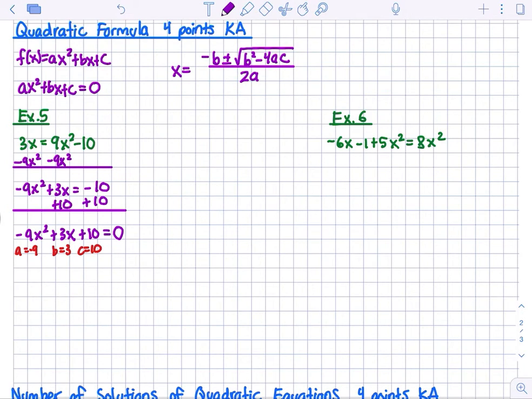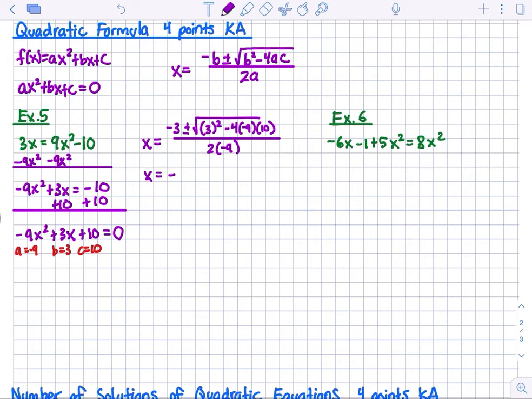So x is going to equal, I'll do it on the side, negative b, our negative b is going to be negative 3, plus or minus square root of 3 to the second, minus 4 times our a, which is negative 9, times our c, which is 10, all over 2a, which is 2 times negative 9.